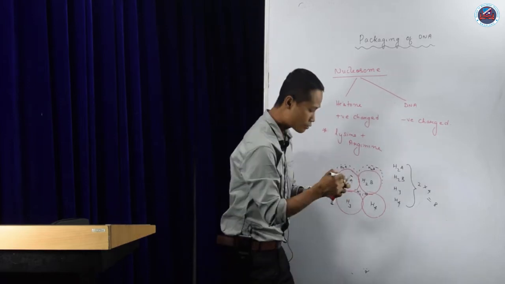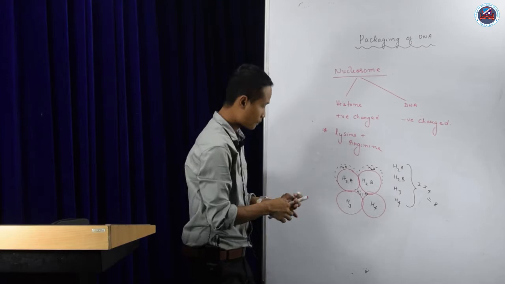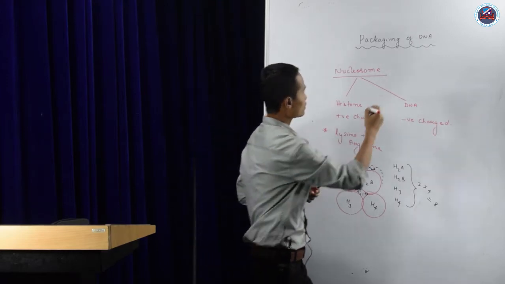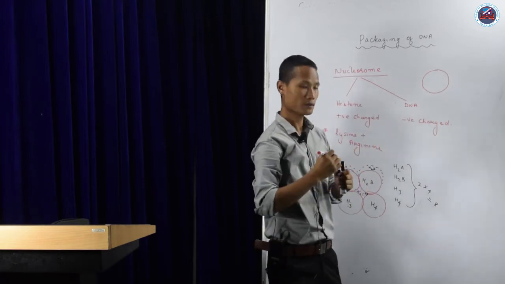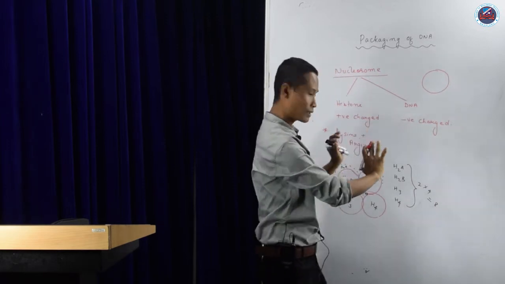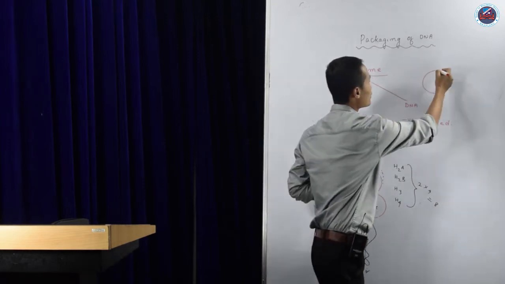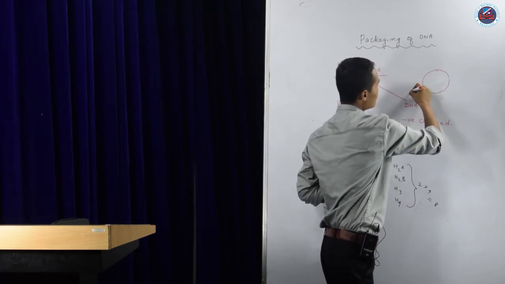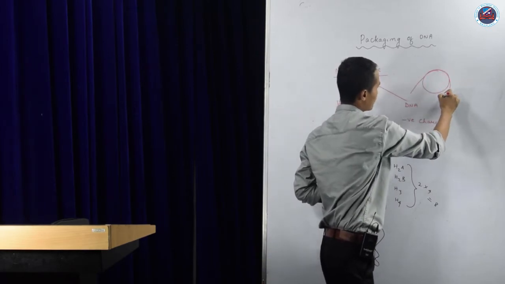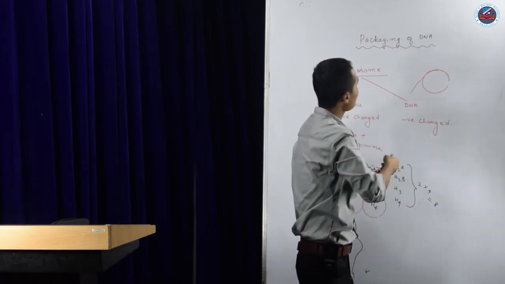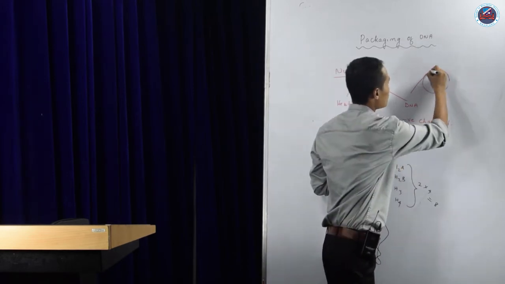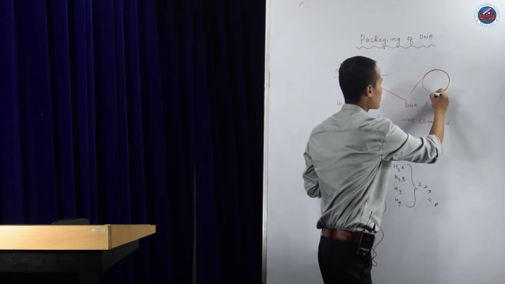Now the DNA is going to wrap around it. I'll just show it here. This is your histone. I'm drawing it as a ball, showing just one molecule, but it is an octamer. Here the DNA is going to wrap. I'm marking the black one in red.